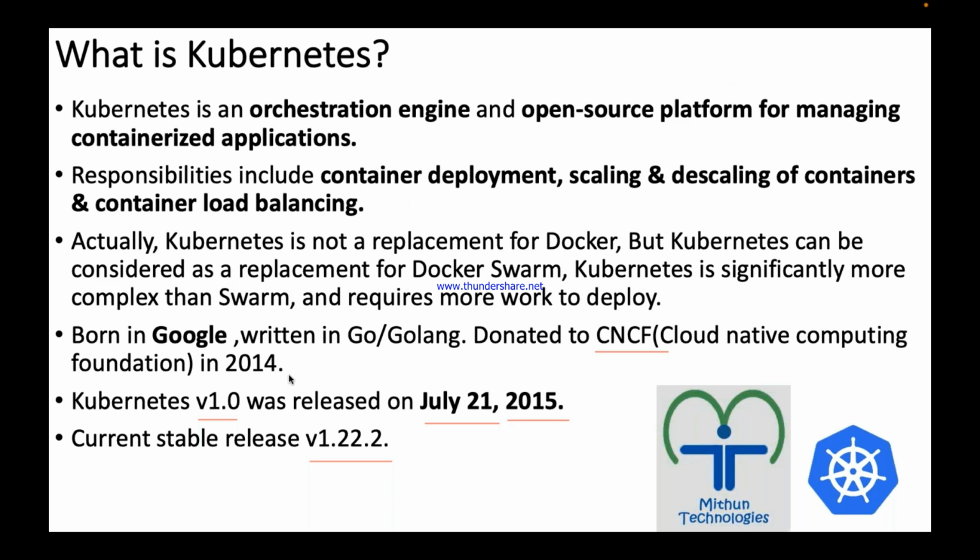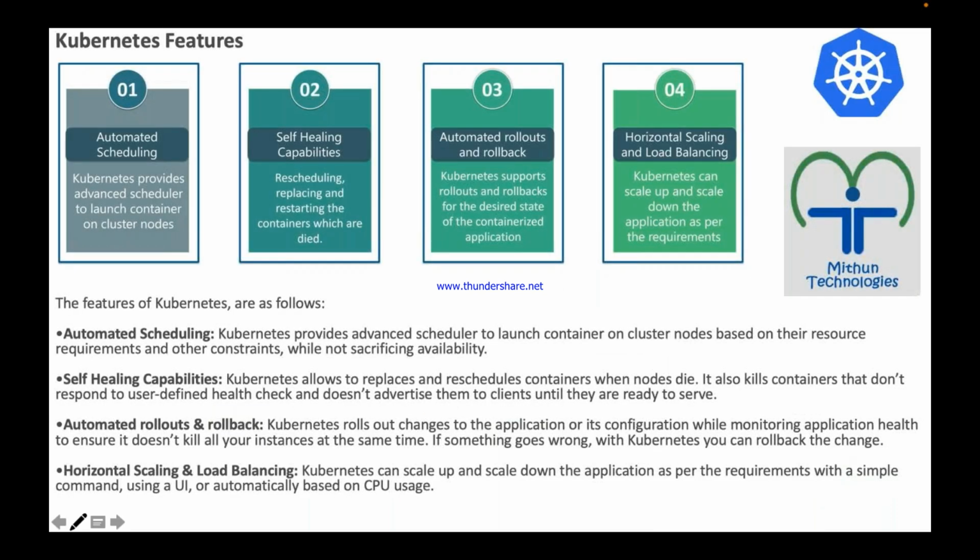Now, let's try to understand the features of Kubernetes, what Kubernetes is offering. Like any other container orchestration software, Kubernetes has automated scheduling, which means Kubernetes will schedule your containers on the cluster nodes the way Docker Swarm schedules your containers on the cluster nodes.